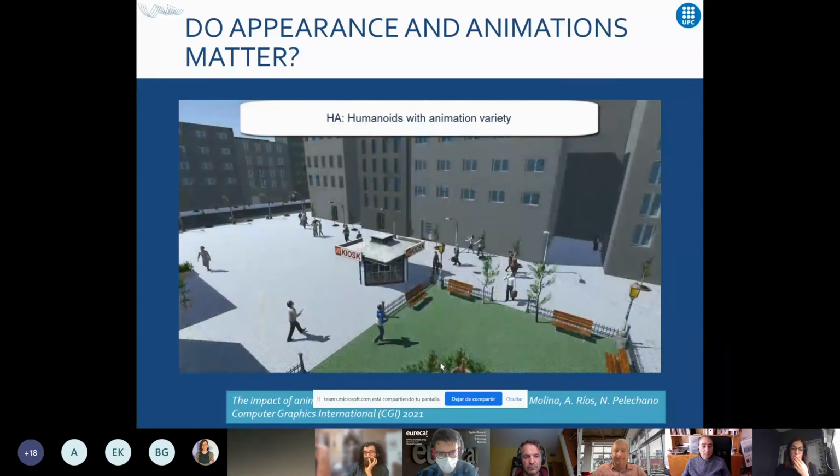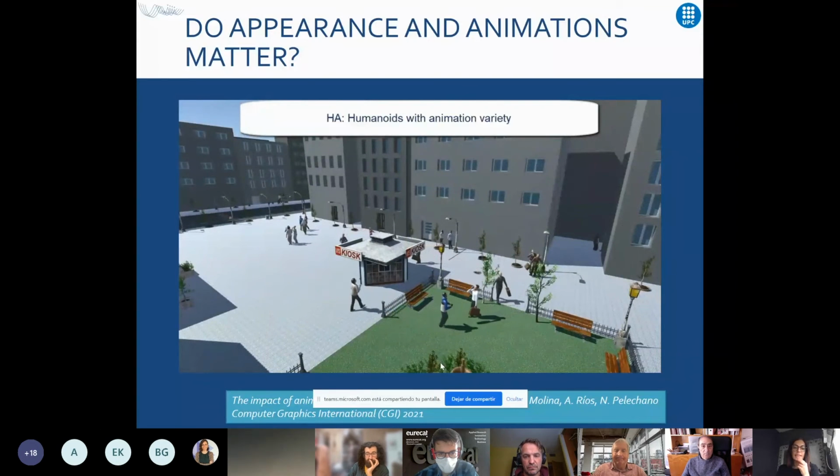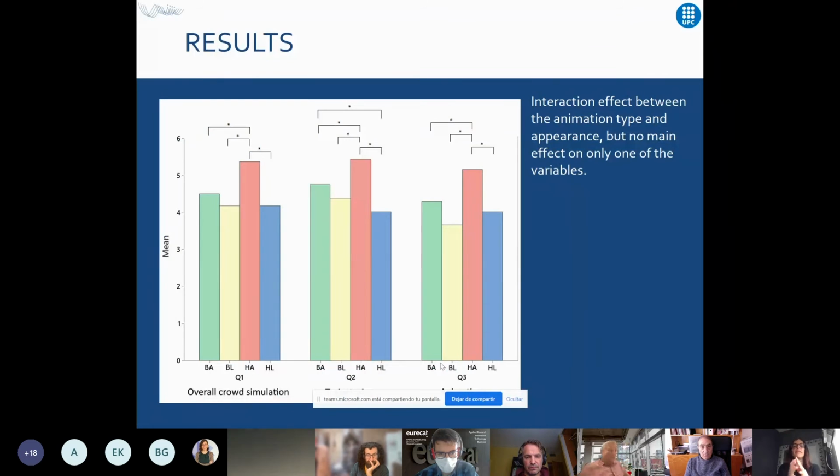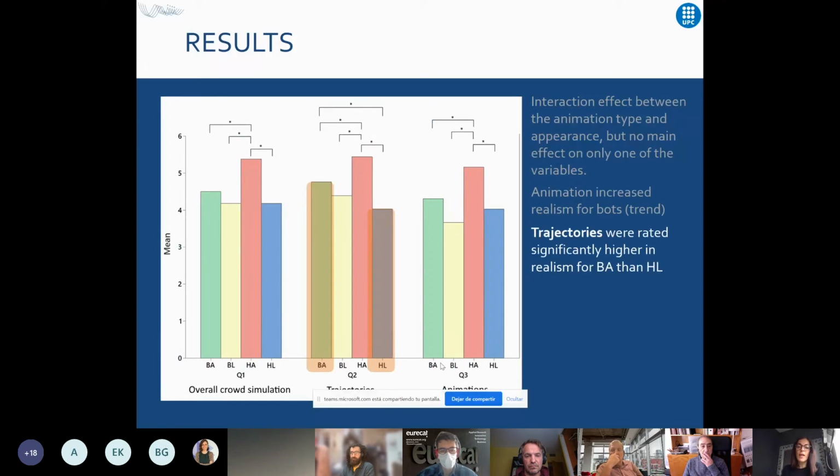Through the user experiments that we did with these four scenarios, what we found is that there was an interaction effect between the animation type and the appearance, but we didn't find a main effect on only one of the variables. For example, animations would increase a bit the realism of the overall simulation, of the trajectories and the appearance overall, but not with a statistically significant difference.